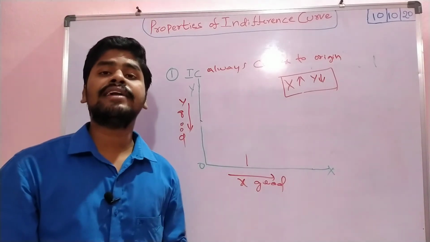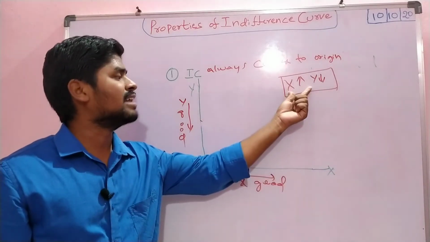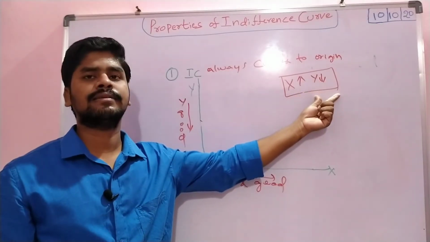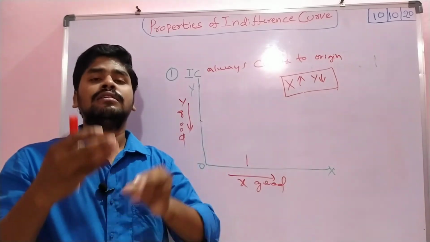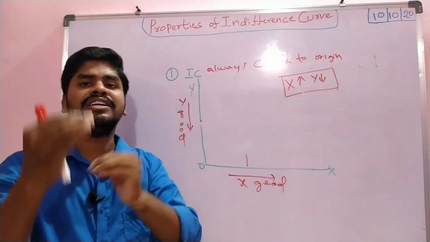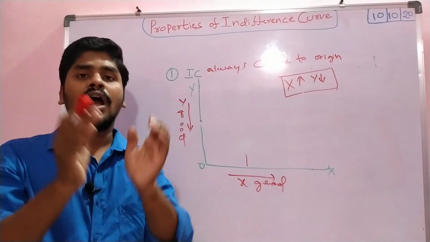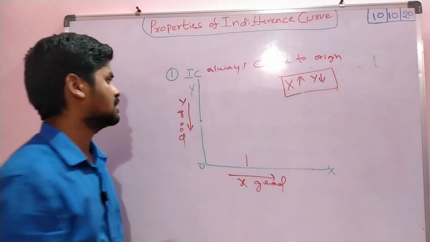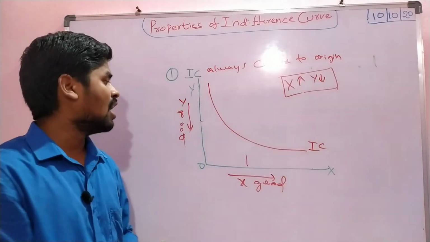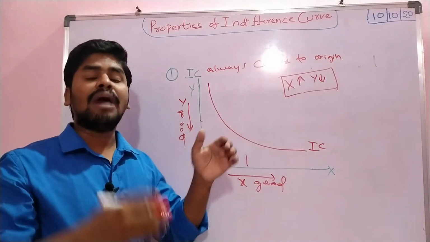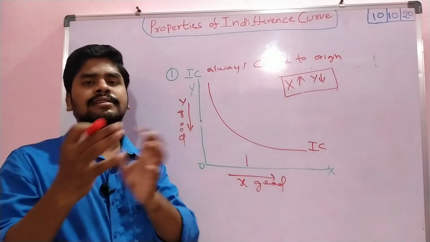The marginal rate of substitution is diminishing between x and y. While x increases, y decreases. So the marginal rate of substitution is a diminishing rate. That is the reason why the indifference curve is convex to the origin: because of the diminishing marginal rate of substitution of x and y.